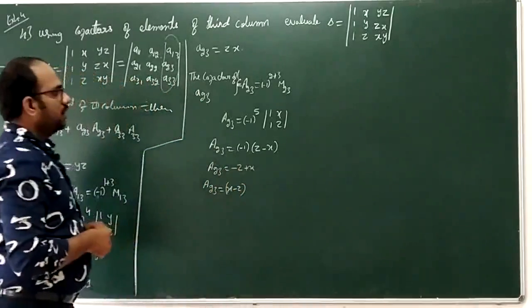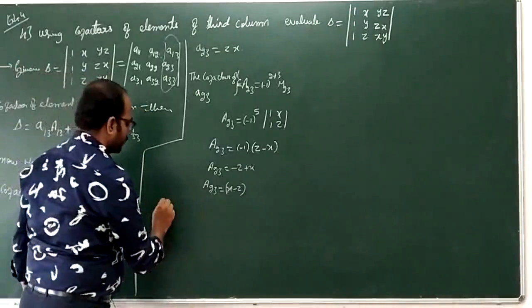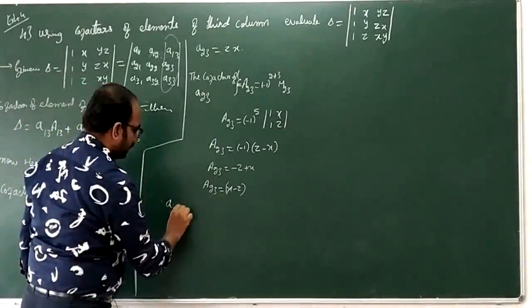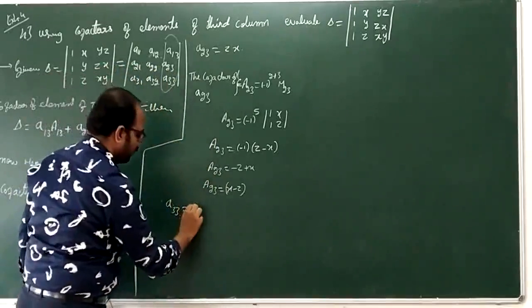Finally, the third one. The element a33, third row third column, is xy.